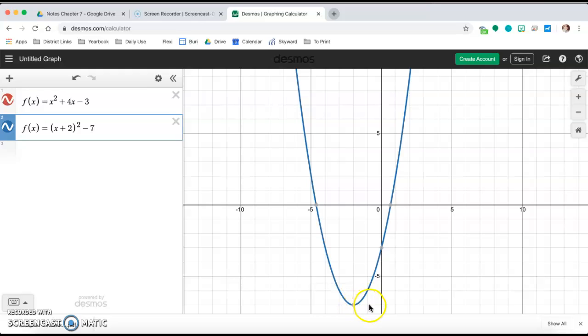The slope here is over 1, up 1. If we wanted to find the intercepts, we totally could. This one's not going to be real nice, neither is this one, but I can quickly find my y-intercept and then reflect that over my axis of symmetry like I'm used to. You'll see that one falls at -4, -3.